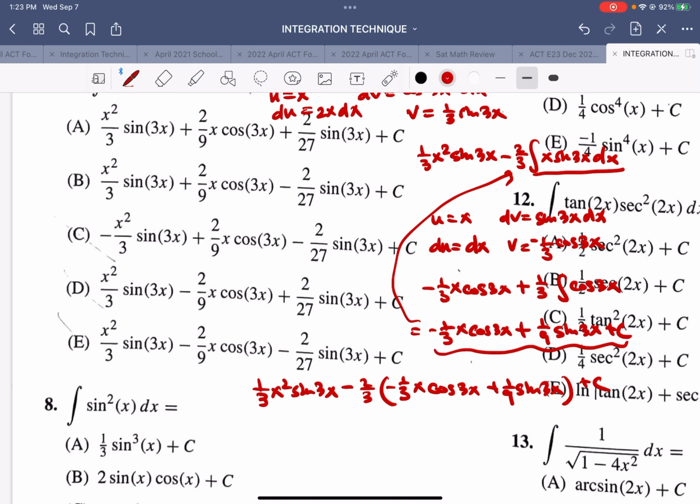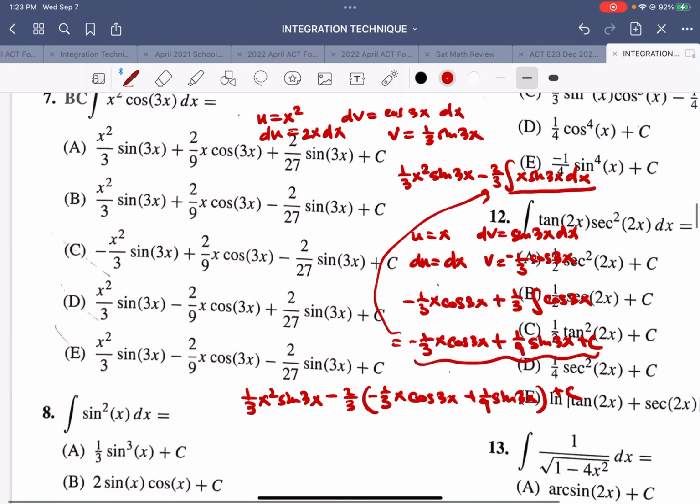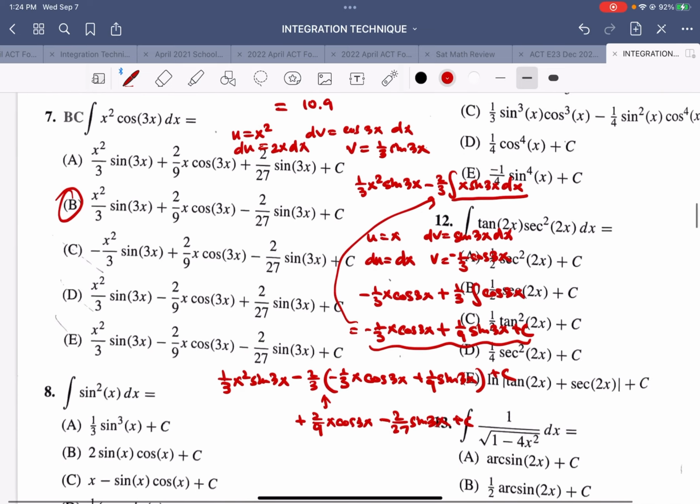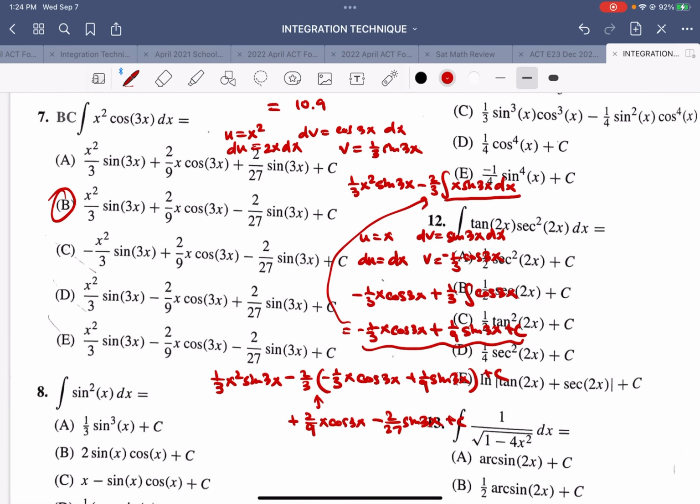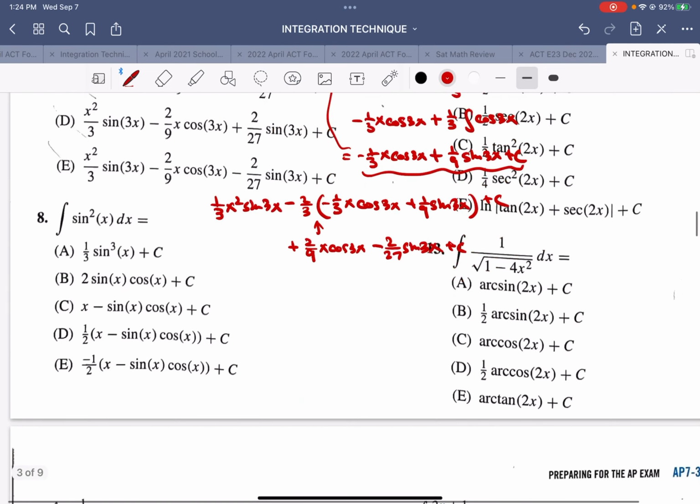So when you simplify, only that portion here, so plus 2/9 x cosine 3x and minus 2/27 sine 3x, right? Plus c. So the right answer should be B. Okay, B is equivalent to that one. Okay, so let's move on.